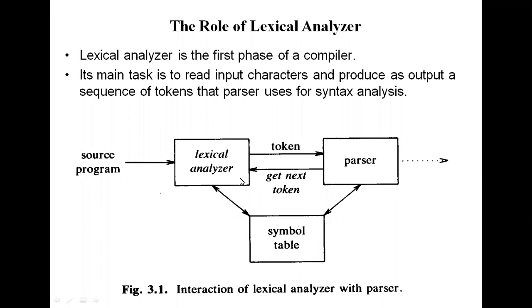It requests the token from the lexical analyzer, and the lexical analyzer sends the tokens to the parser. Whatever we do in the lexical analyzer, that means converting the sequence of characters into a sequence of tokens, that data is stored in the symbol table. That's why we have a connection between the lexical analyzer and the parser for the symbol table.